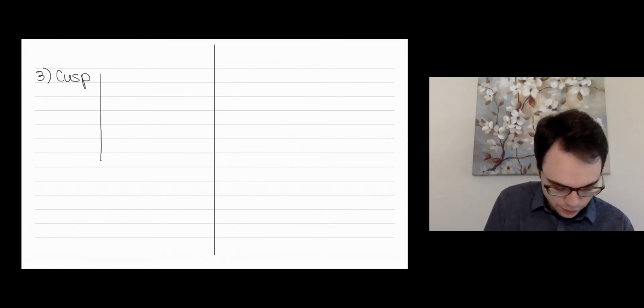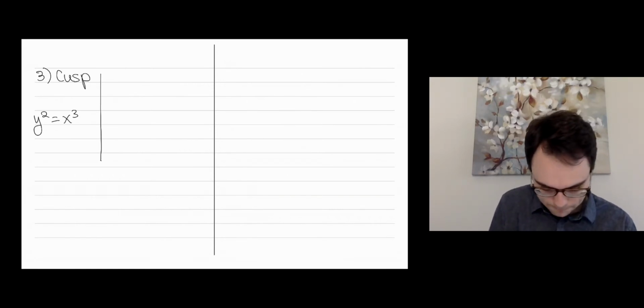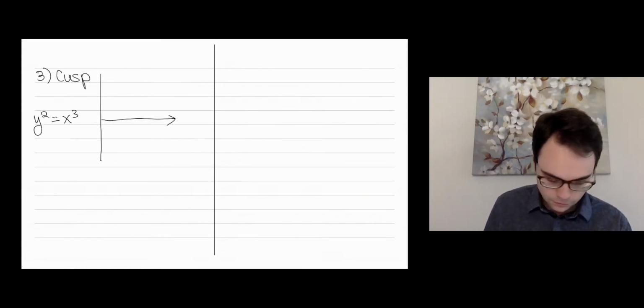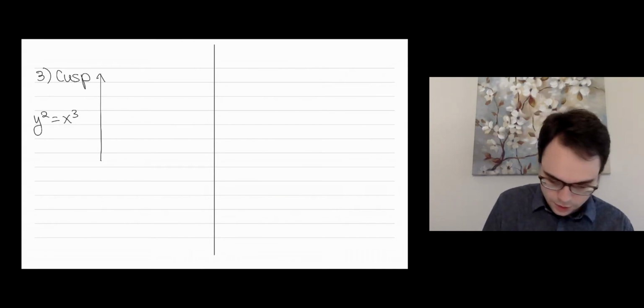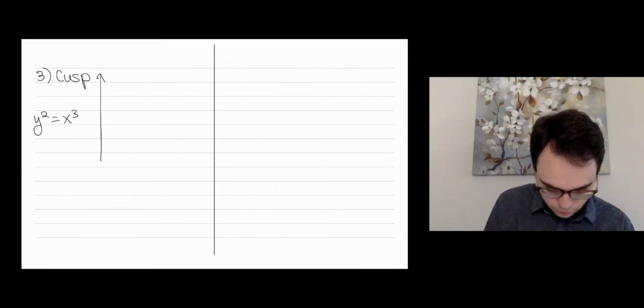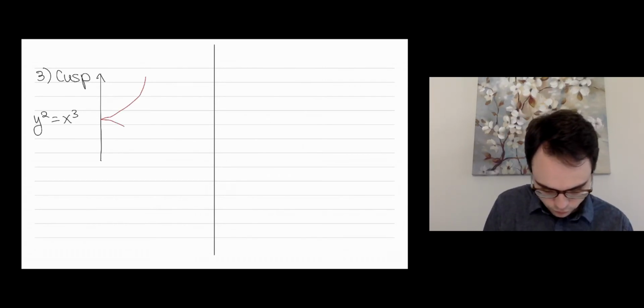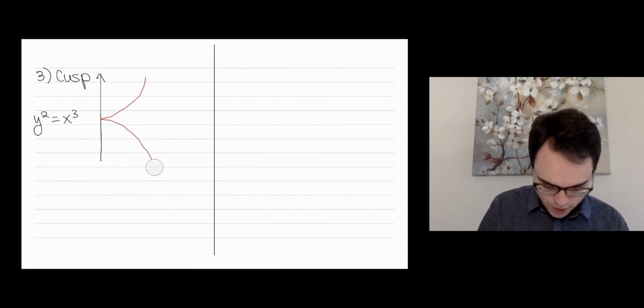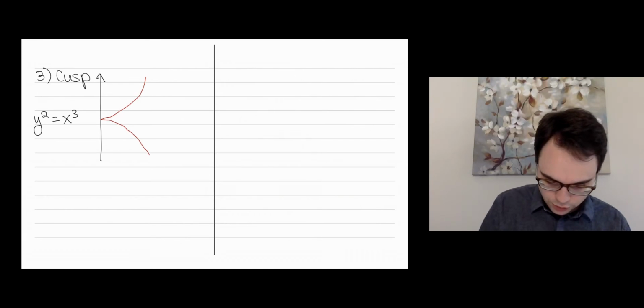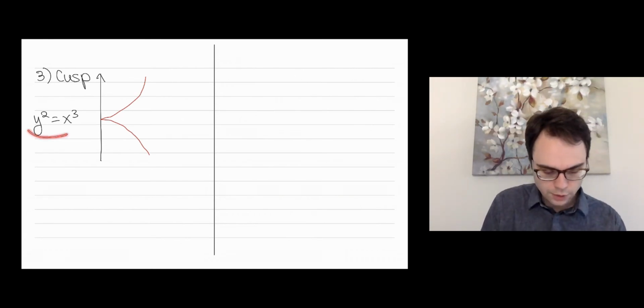So I can tell you the equation right away. The equation is y squared equals x cubed. Let me not draw the x-axis. Here, the curve looks like this. Okay, so I want the portion of this curve, y squared equals x cubed.